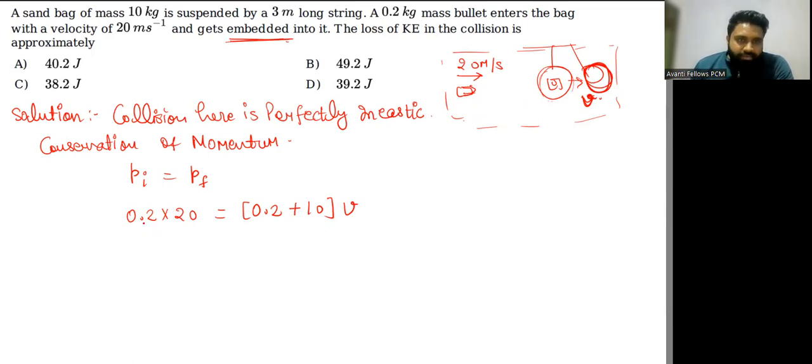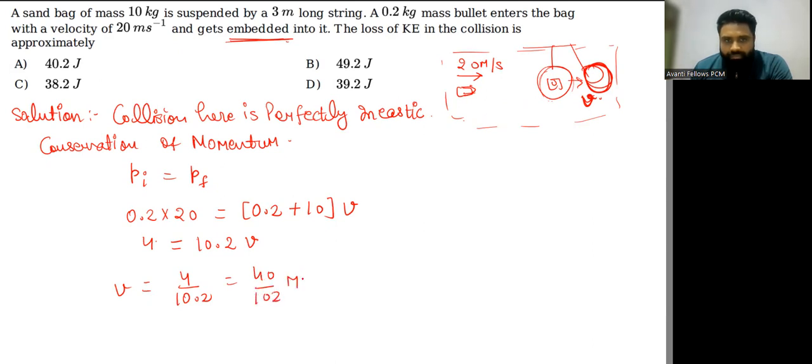It will become 10.2 into v. So the velocity we have here is 4 upon 10.2, or you can say it is 40 over 102 meter per second.